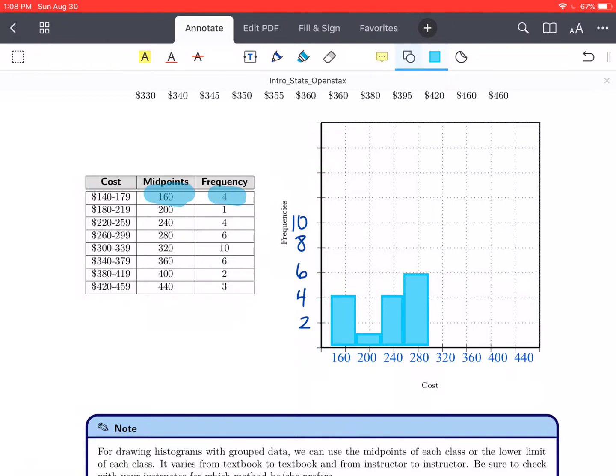Good enough. Okay, and then next one, around 320, we have 10. So this is our tallest one. And then centered at 360, we have another height of 6. Centered at 400, we have a height of 2.